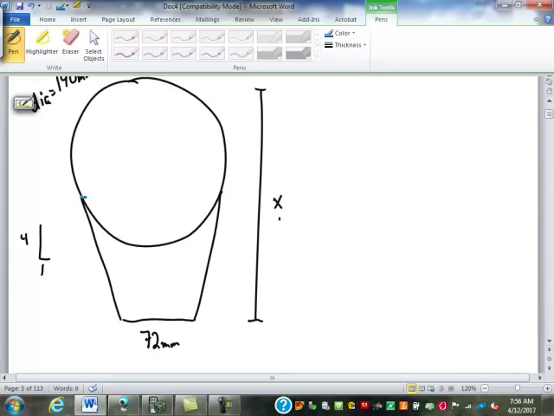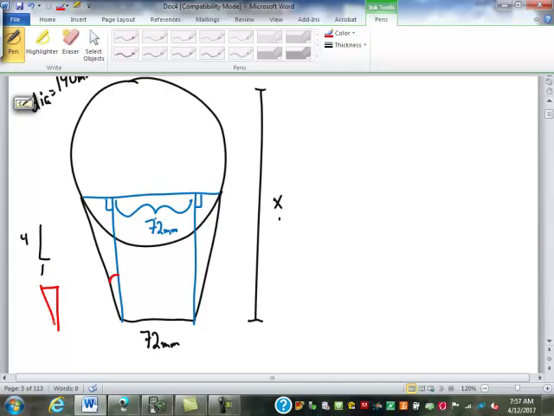Well, what I'm going to do is this. I'm going to cut this across here. I'm going to cut it down this way and down this way. So what I have here is a rectangle. This portion of that is 72 millimeters. This angle right here is found by this 1:4 aspect ratio.